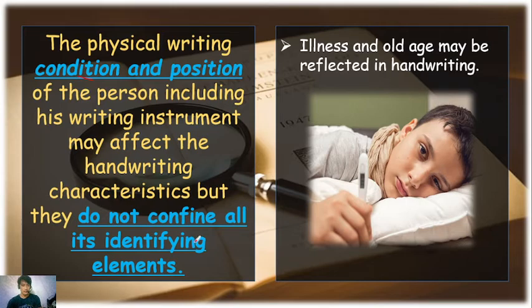But it doesn't mean that if we have physical impairments, or we create handwritings in different positions, pwede nating maitago yung identifying elements ng ating handwriting. Pwede pa rin nating ma-identify na ikaw yung author, even though you perform it in different positions or in different writing conditions.